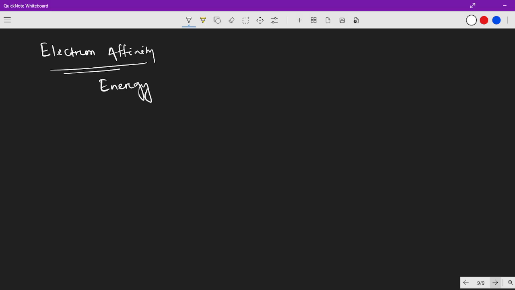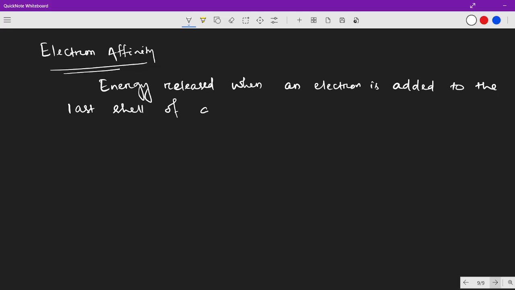Electron affinity is the energy released when an electron is added to the last shell of an isolated gaseous atom.